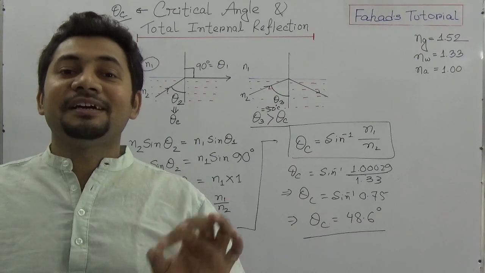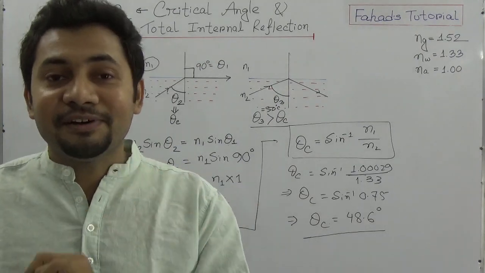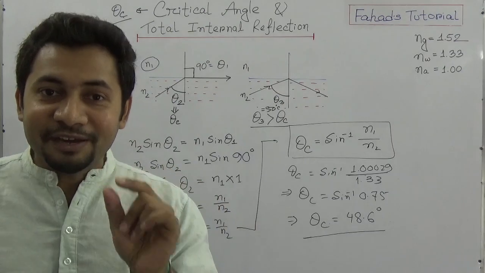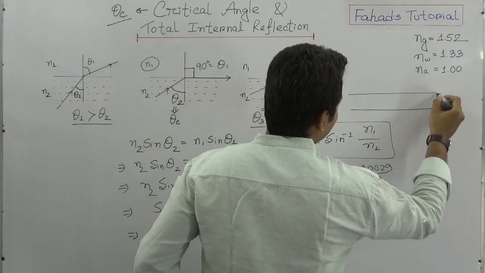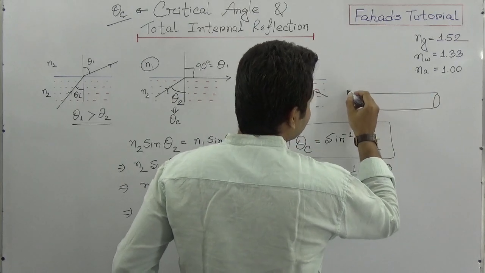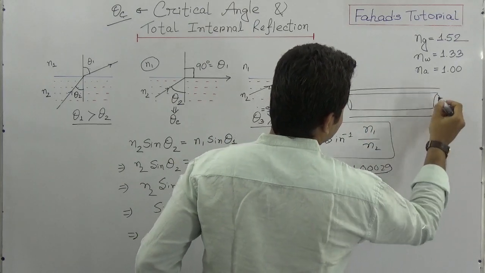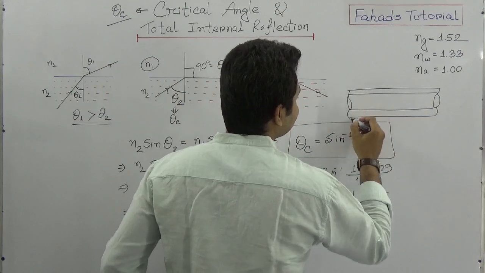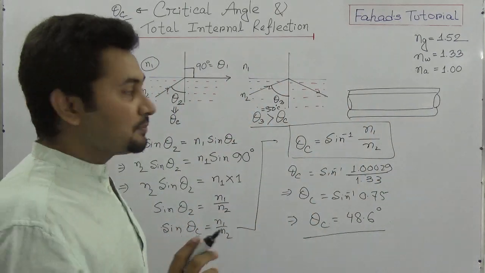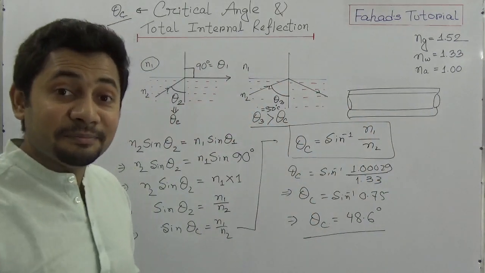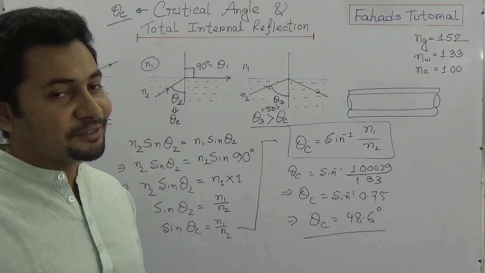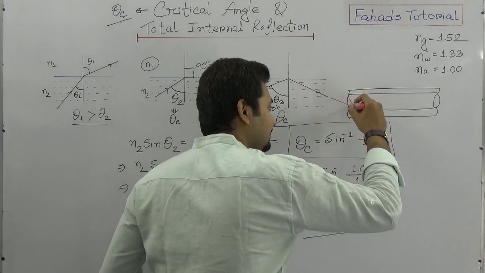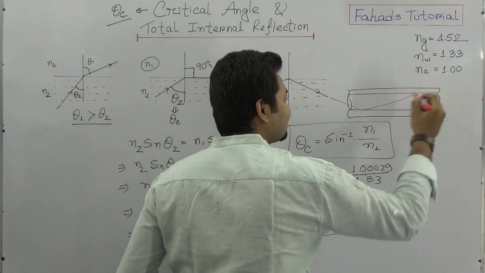And this phenomenon is happening in the optical fiber. In the optical fiber, this is the core, and there is a clad of the optical fiber. Both have different refractive indices. When light falls in the optical fiber, it is always doing total internal reflection. So it falls here, and then it comes there, and then it comes there.